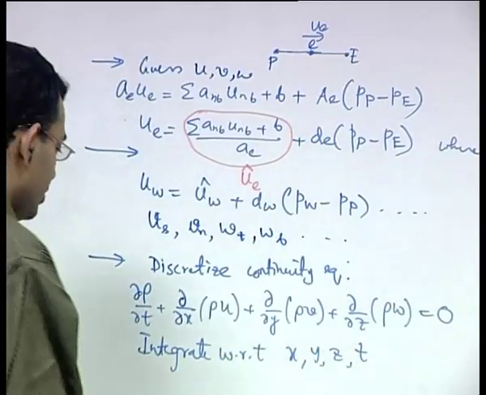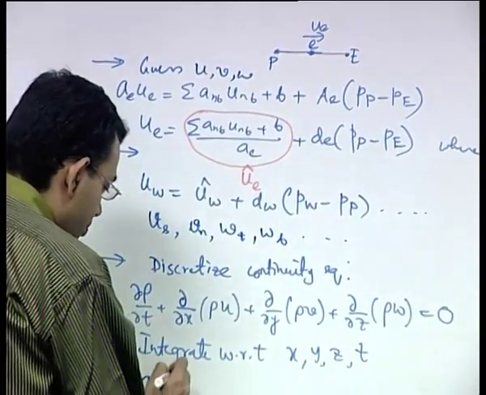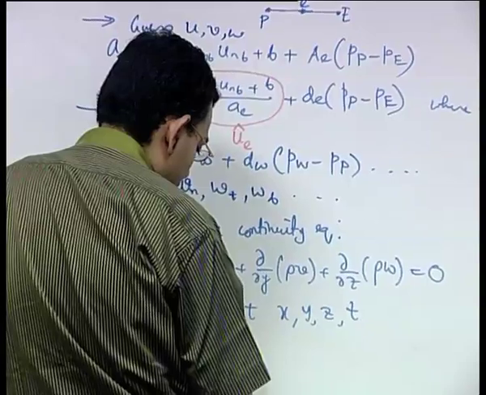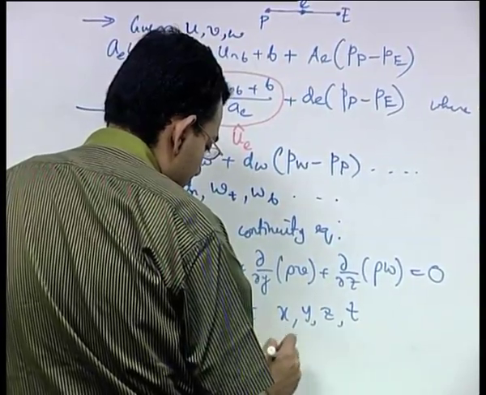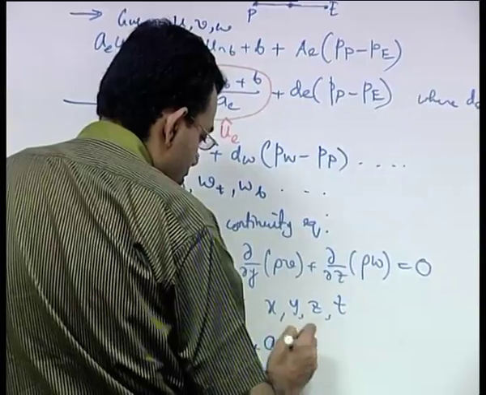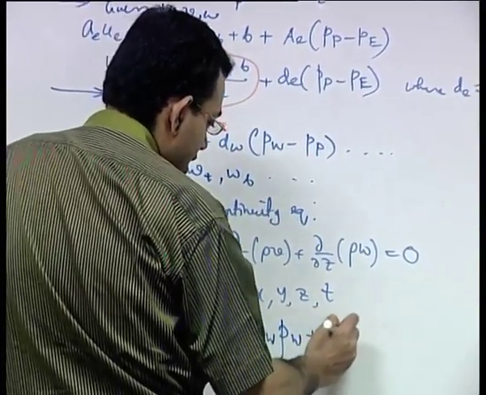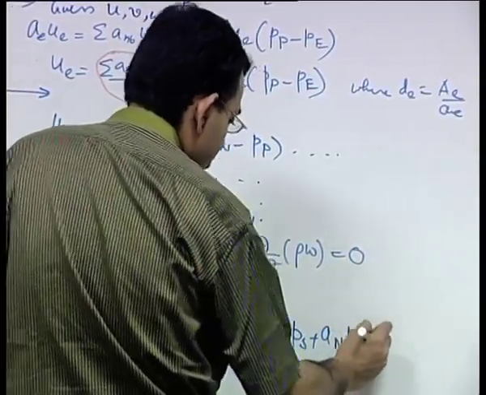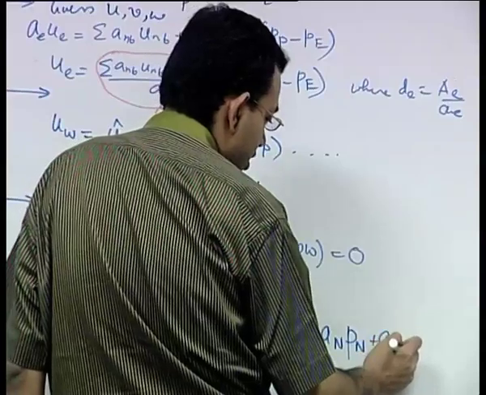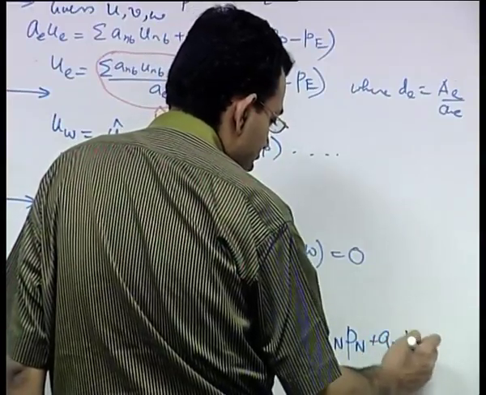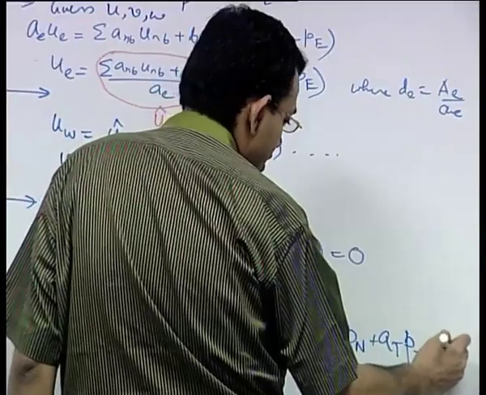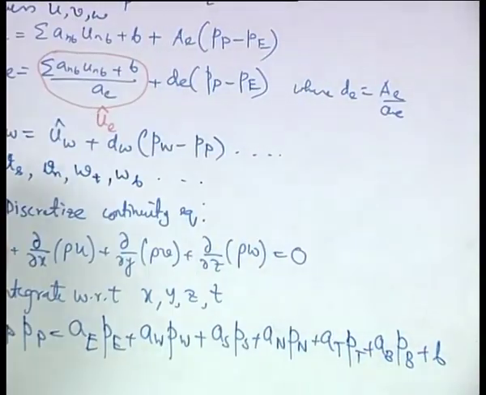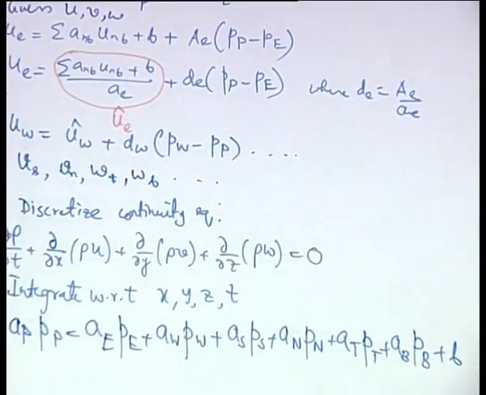So you have AP PP is equal to AE PE plus AW PW plus AS PS plus AN PN plus AT PT plus AB PB plus B, where what is AE?